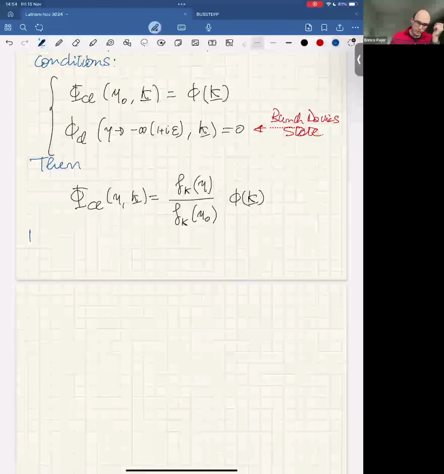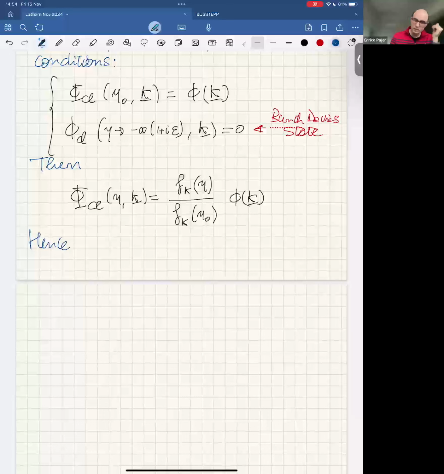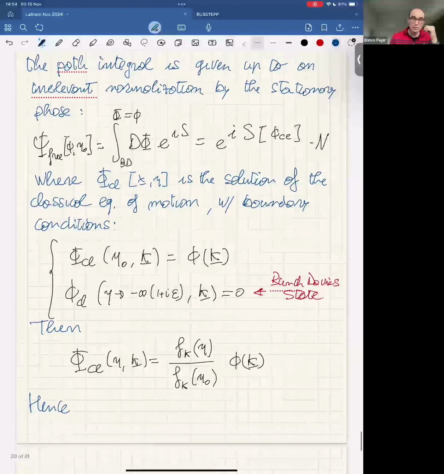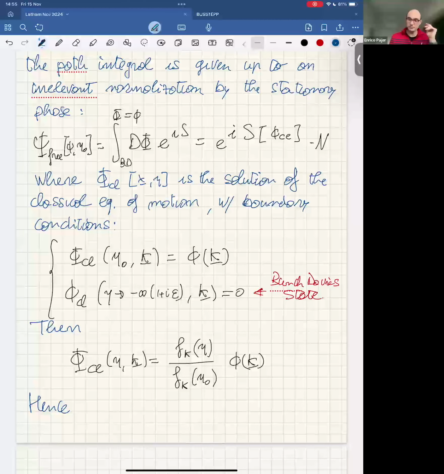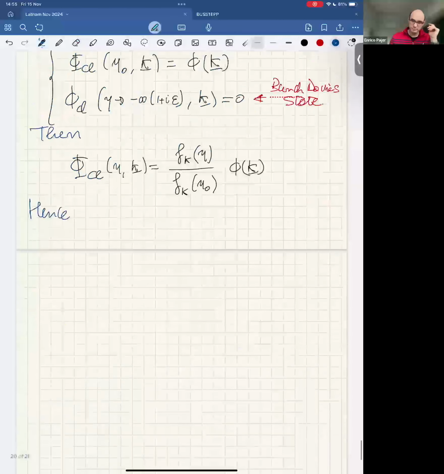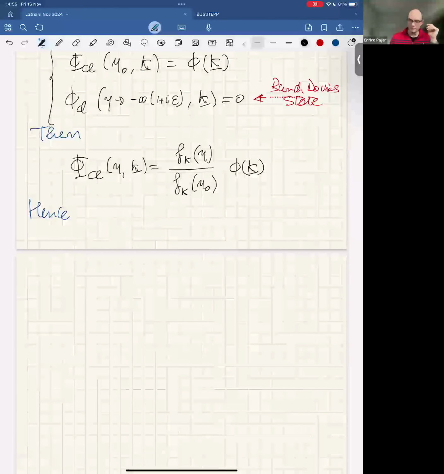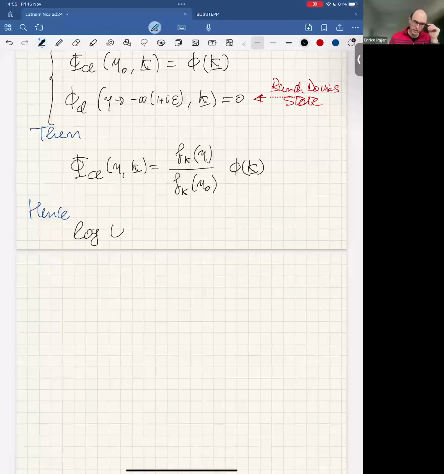And now, if I want to compute the wave function, I should shove this into the action, into the IV action, and that should be the result. So instead of computing psi, let me compute log psi, so I don't have to write the exponential every time. This is just i times S evaluated on phi classical.